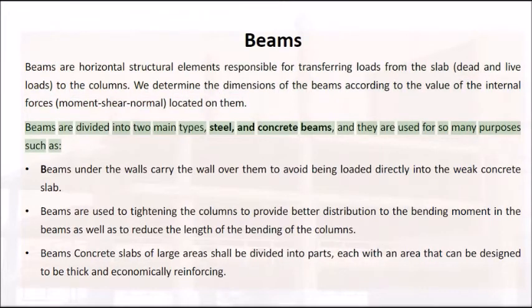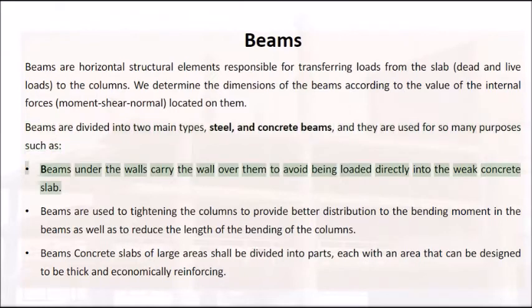Beams are divided into two main types, steel and concrete beams, and they are used for many purposes, such as: beams under the walls carry the wall over them to avoid it being loaded directly onto the weak concrete slab.